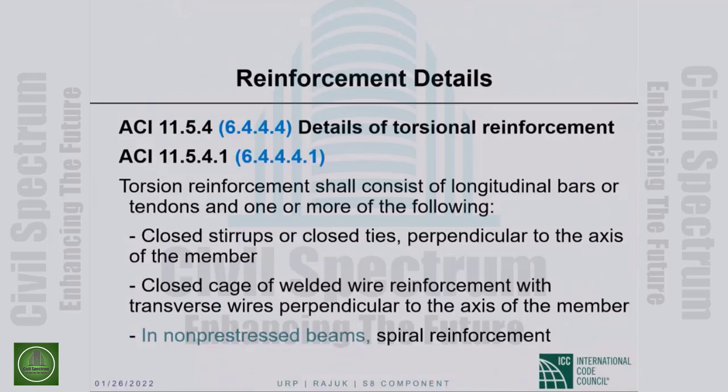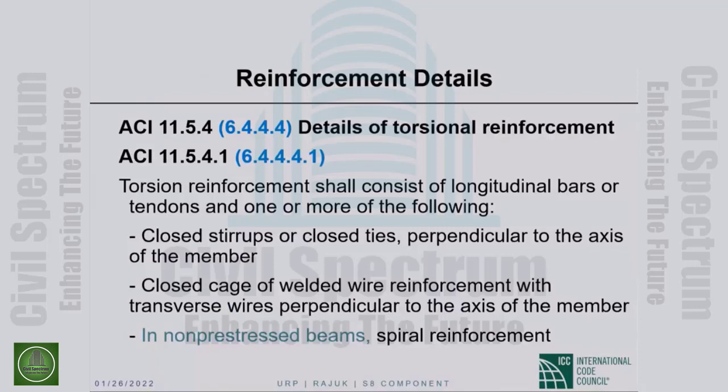Okay, now details of torsional reinforcement, extremely important. Torsion reinforcement shall consist of longitudinal bars or tendons and one or more of the following. So longitudinal bars and one or more of the following. Closed stirrups or closed ties perpendicular to the axis of the member.